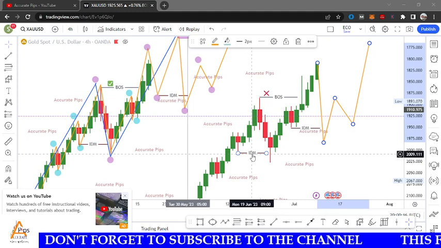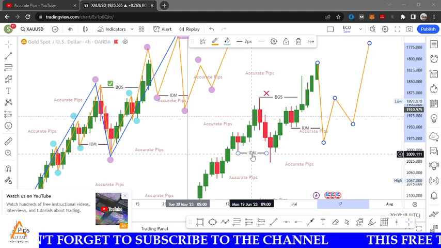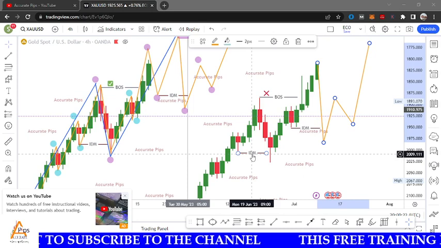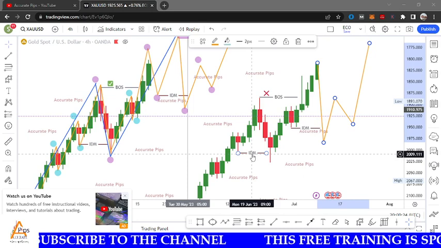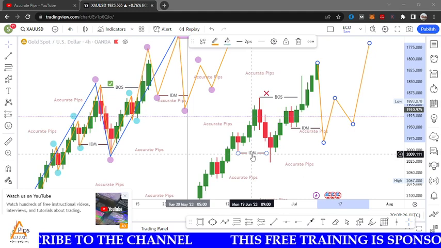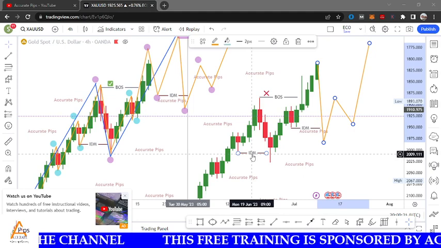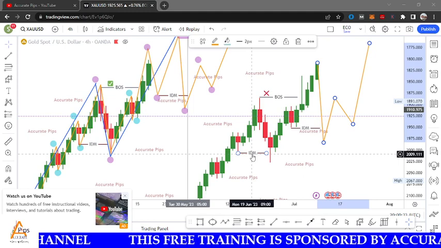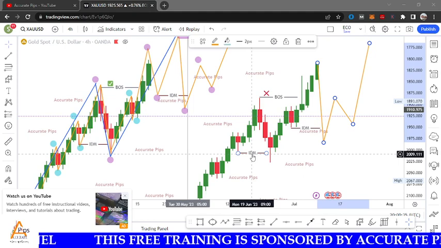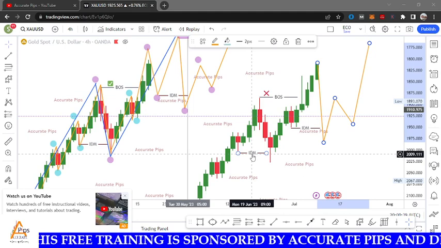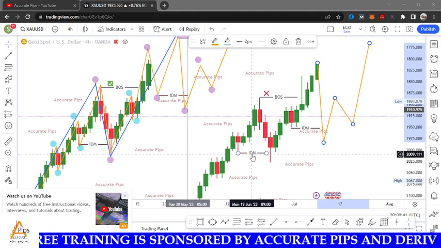Note that IDM is used to confirm a high in a bullish and a low in a bearish trend. But break of structure, which is the BOS, is used to confirm lows in a bullish trend when they take out the high, and also used to confirm the high in a bearish trend when they take out the low.